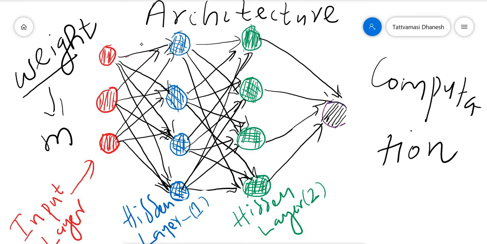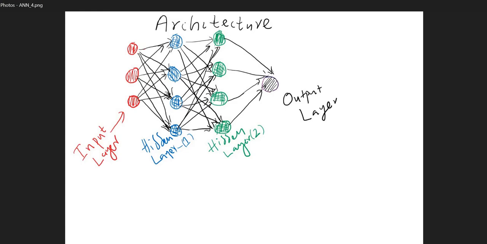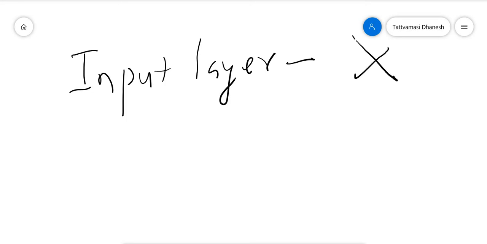I can give more clarity on this. This is our picture. This is the architecture. Input layer is there, hidden layer is there, output layer is there. Now, in mathematical terms, the input layer is the input x.